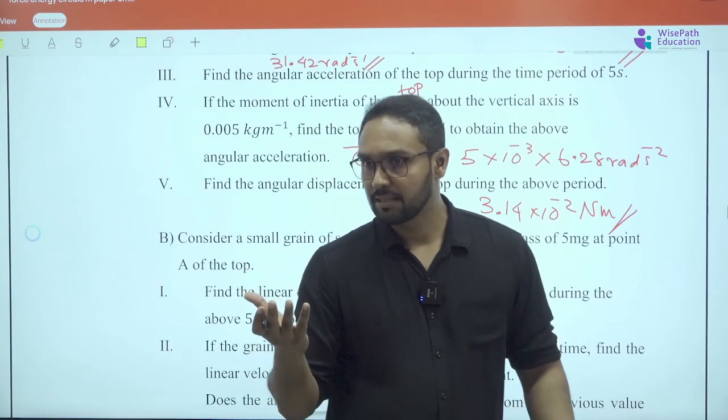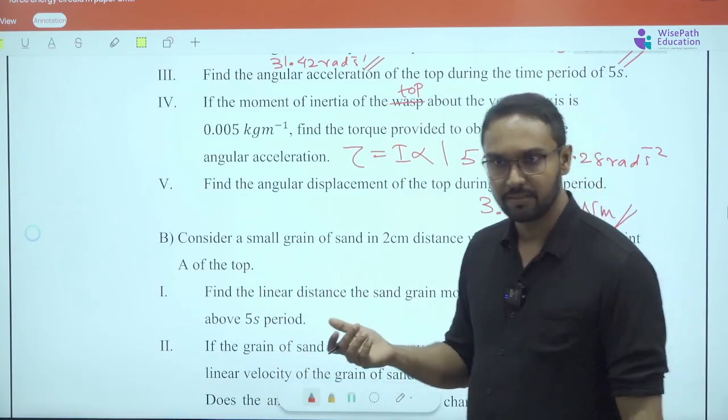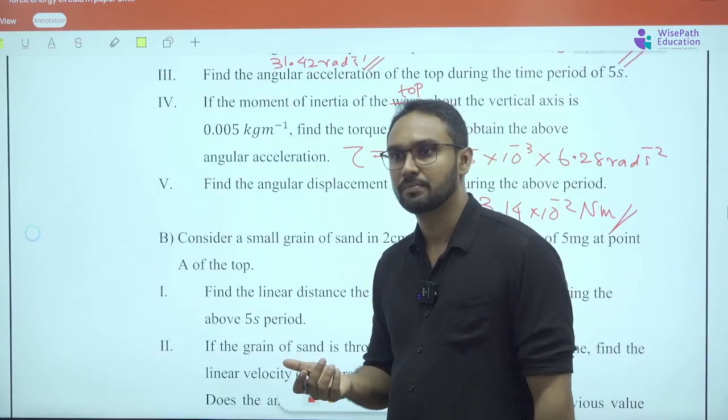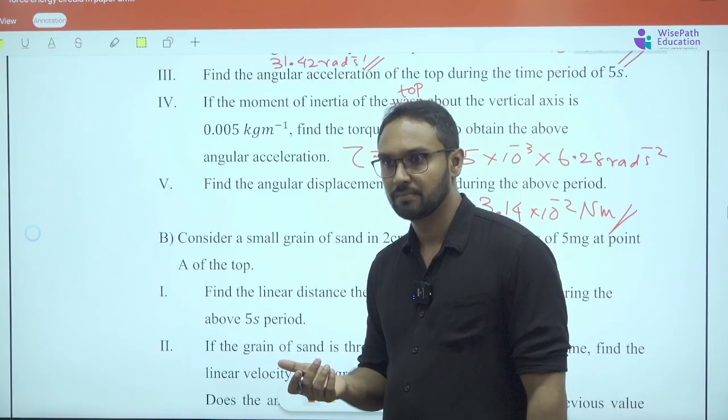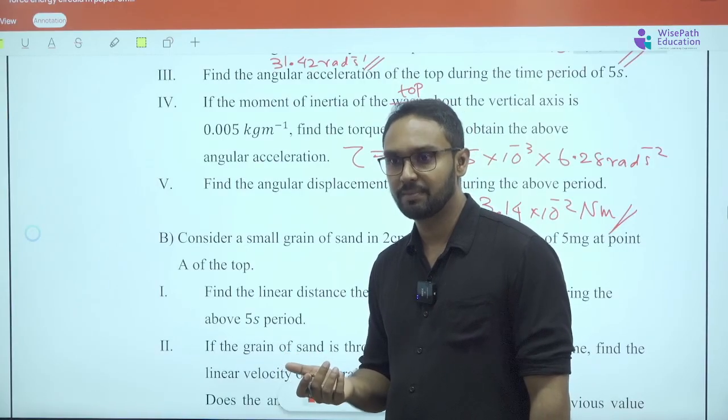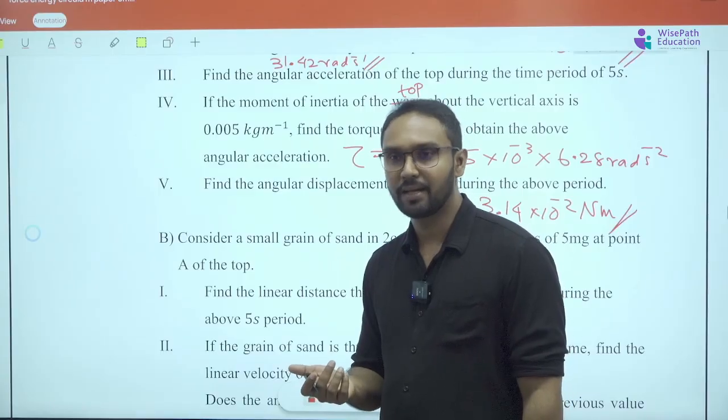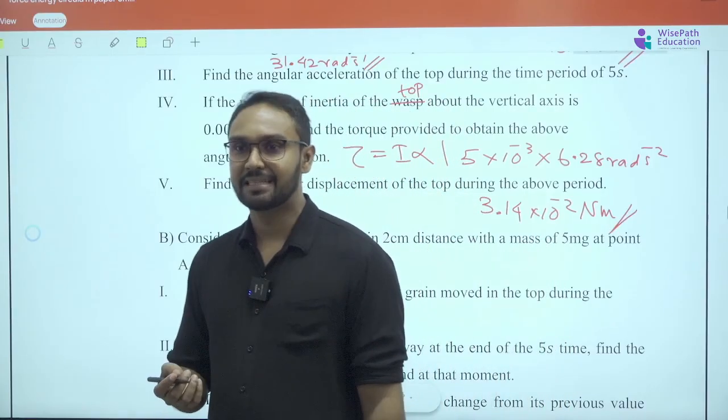So they are asking to find the angular displacement. That's not angular displacement, that is the equation of radians.